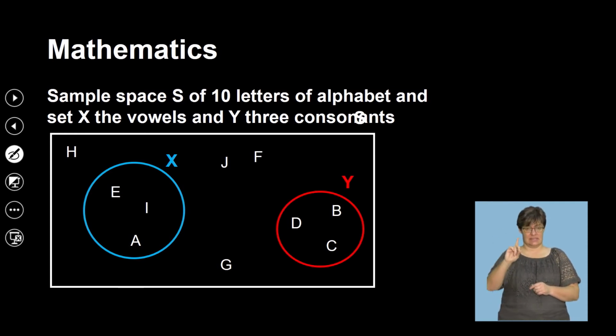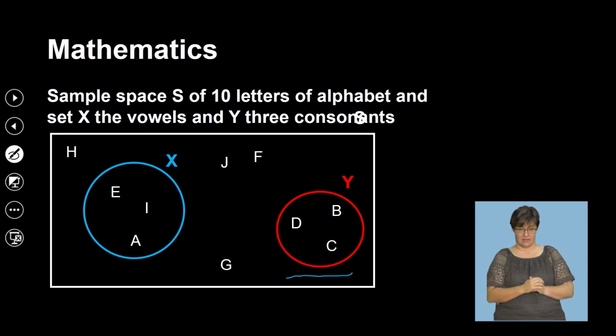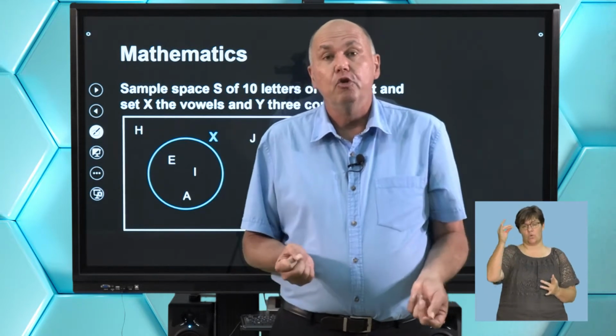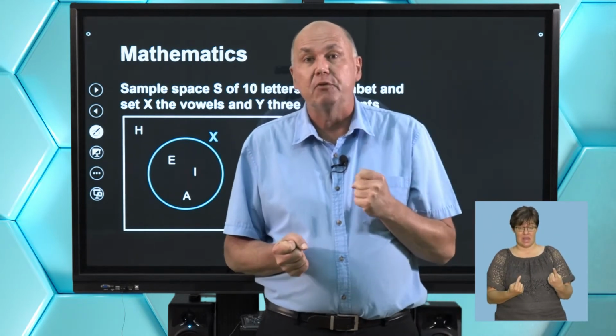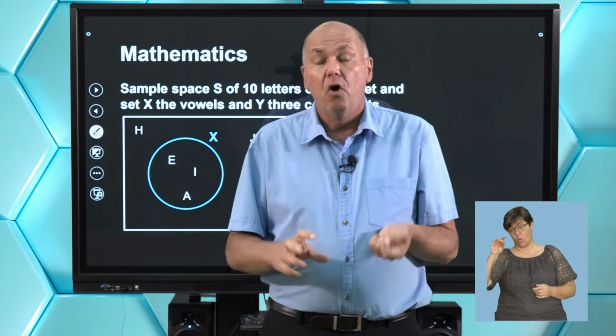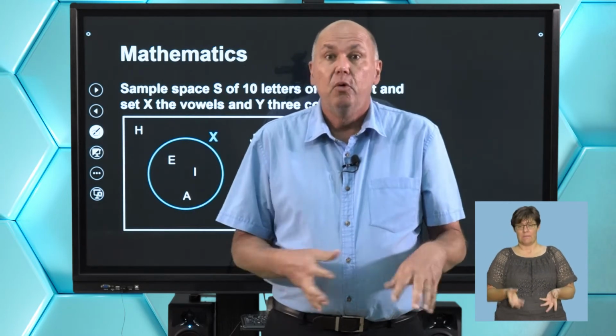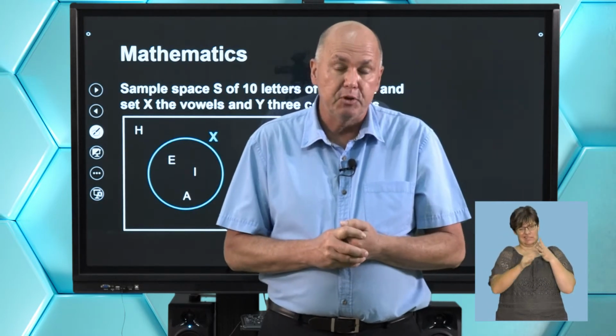We've got B, C, and D. They belong to the set that we are going to call Y. And you can see that there is nothing in common between these two. They're quite different. And if we were to play a game, and we could say you could win if you draw either an element from set X or from set Y, well, then you've got a number of different options.